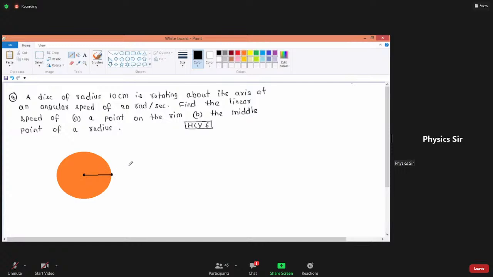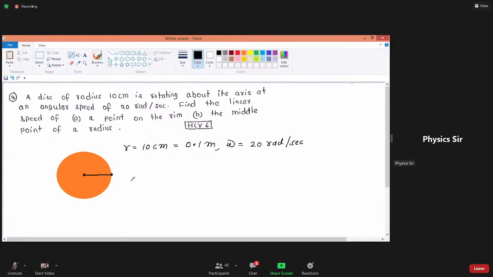This is the radius of a disk. They have given the radius as 10 centimeter, which I can write as 0.1 meter. And its angular speed is 20 radian per second.